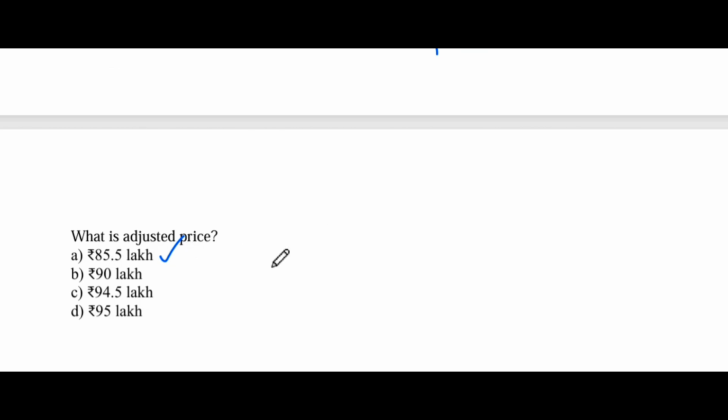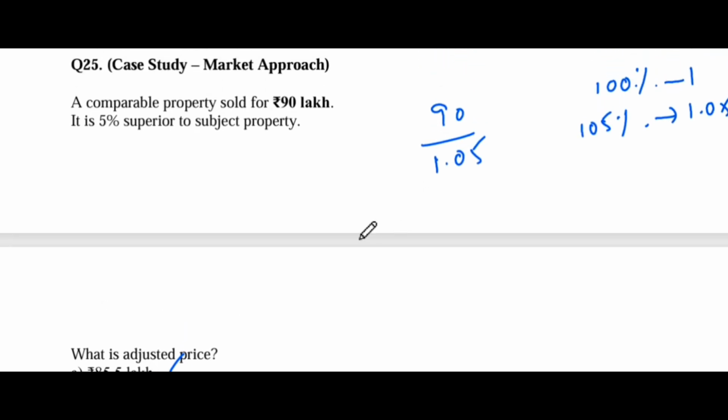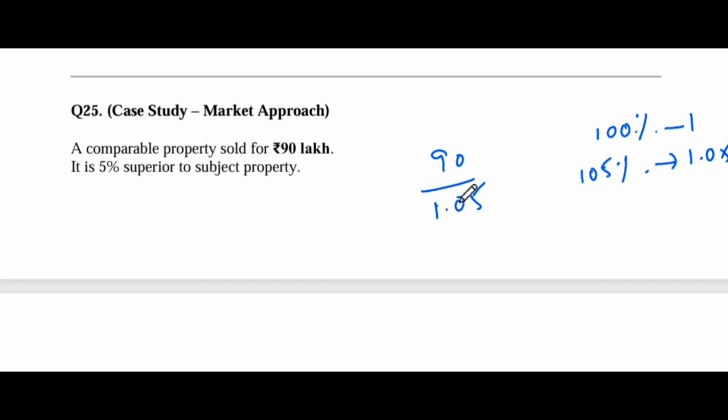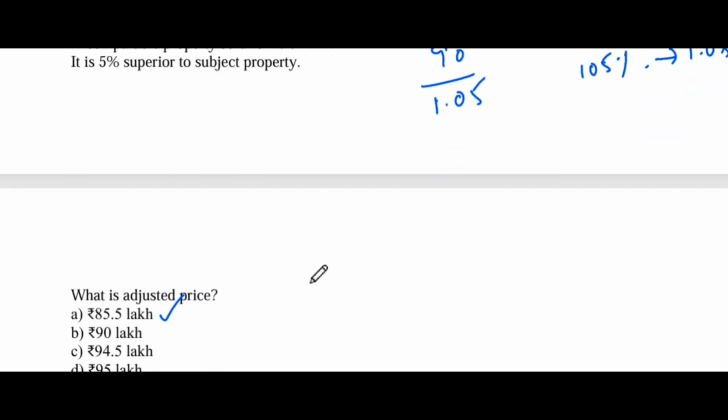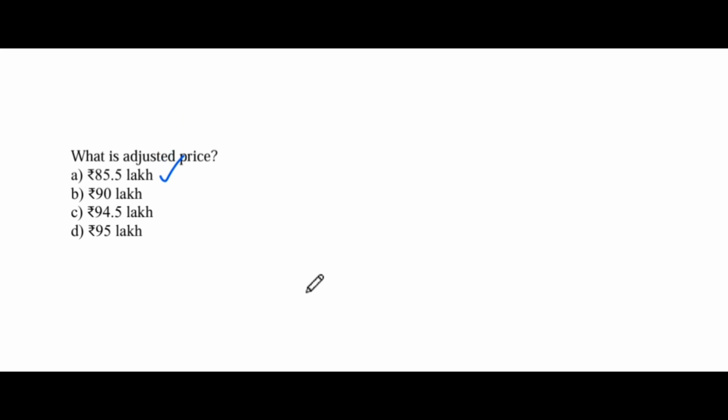So we have to adjust the price accordingly. We have to divide the value of the comparable property with this adjustment. It is 5% superior, which means we should divide 90 lakhs by 1.05. So the answer would be 85.5 lakhs.